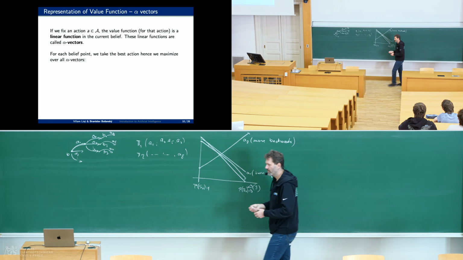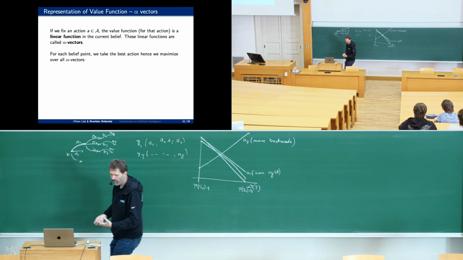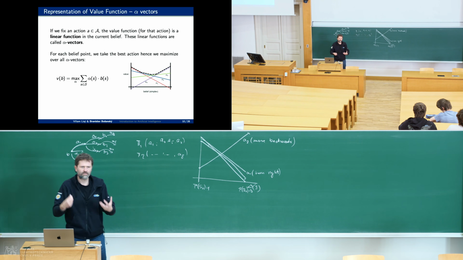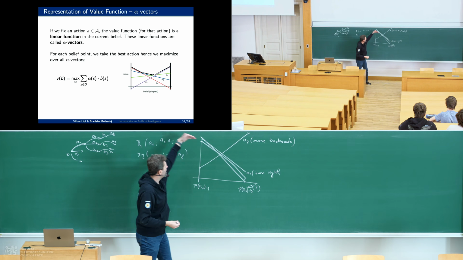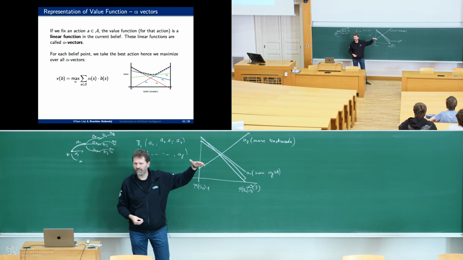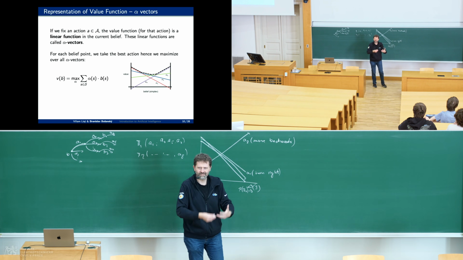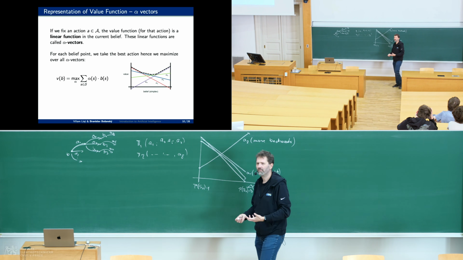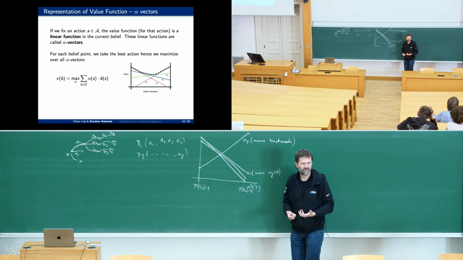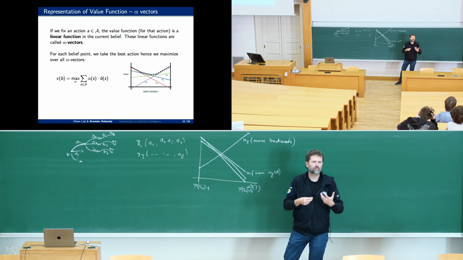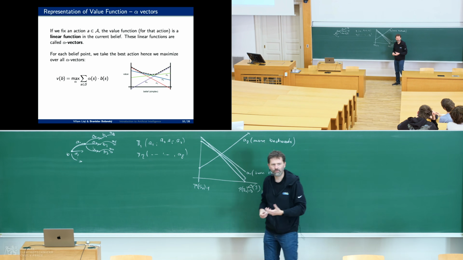And this is the point: for every policy, two-step policy, three-step policy, and so on, I can basically add these alpha vectors into this representation. And if I have an infinite number of these alpha vectors, then basically I will approximate the true value function that we are looking for.